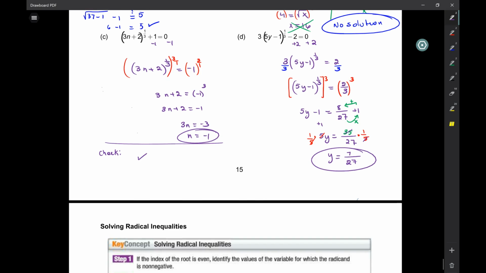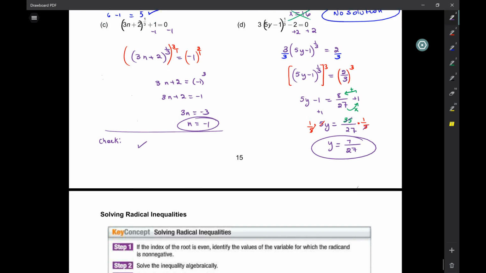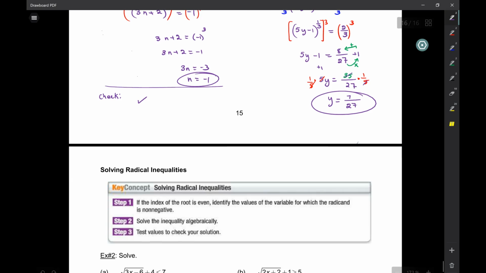Right, and then check. So now, here is what I'm going to tell you. Let's think about this for a minute. If you have the square root of something, or the fourth root of something, can x be any number you want? Can x be 0?